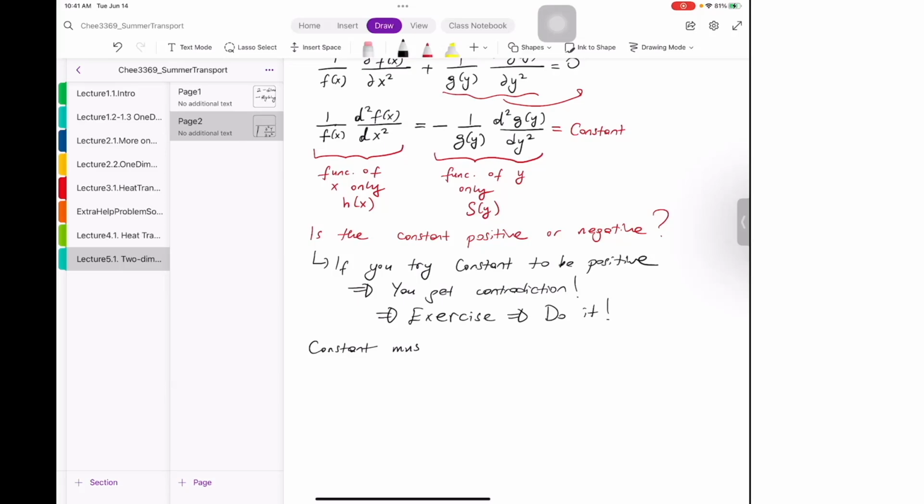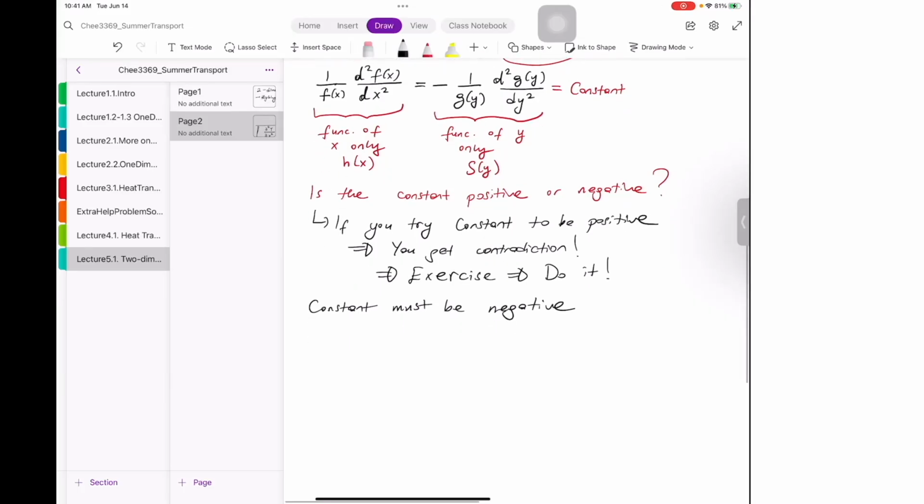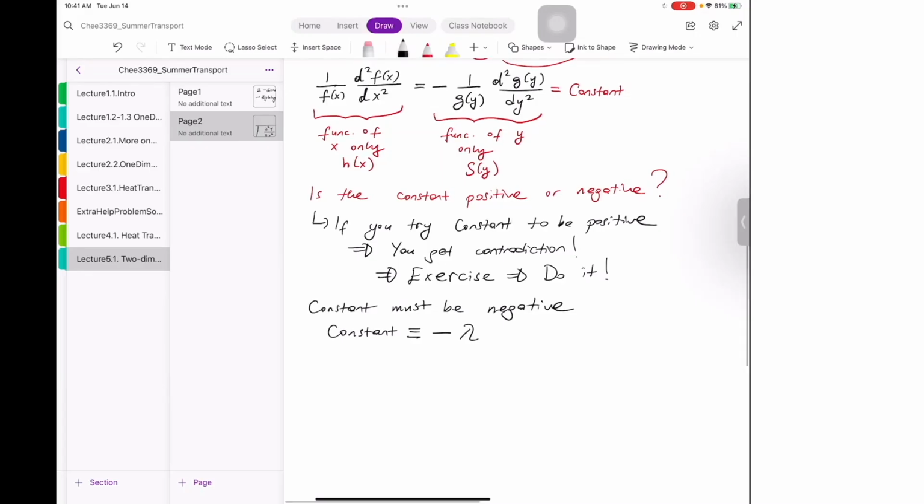So the constant must be negative. So let's call it negative lambda squared.